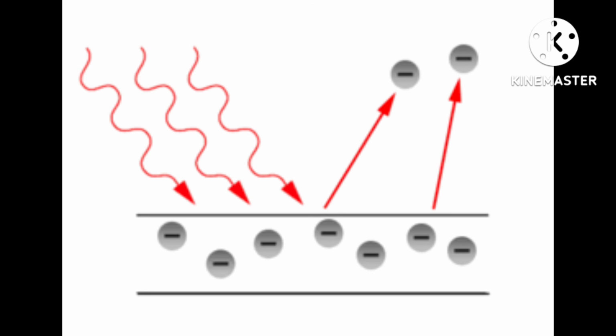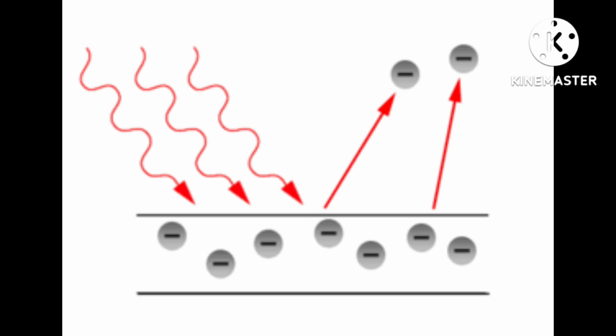Now, h nu is the energy of the photon which is striking on the metal, and h nu 0 is the minimum energy required to eject the electron. The difference between these two energies is the energy remaining after removing the electron from the metal surface.